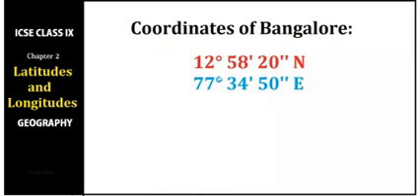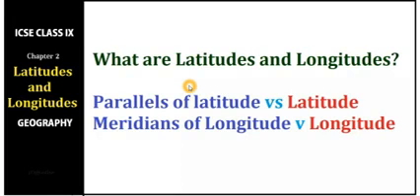That means in the northern hemisphere. And in case of longitude, it is 77 degree 34 minute 50 second eastward, from the prime meridian it is located towards the eastern direction. So these are the latitude and longitude.